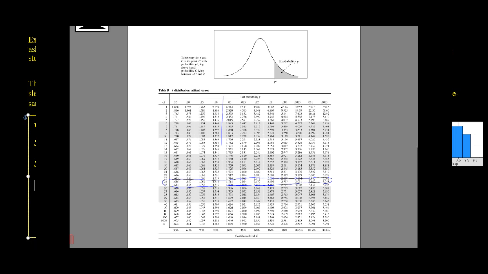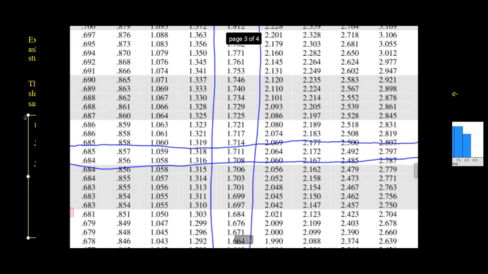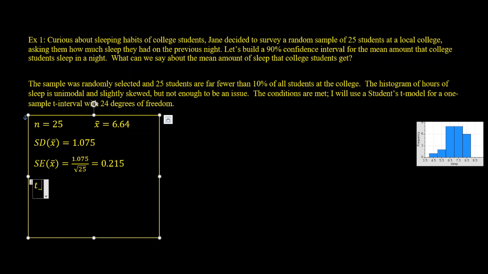We have to take half that value. We want 0.05 on the left side and 0.05 on the right side. So I look at that 0.05 column and I come down to where it meets at 24 degrees of freedom, and right there we get 1.711. t with 24 degrees of freedom will equal 1.711, and we get that from the t-table for a 90% confidence interval.